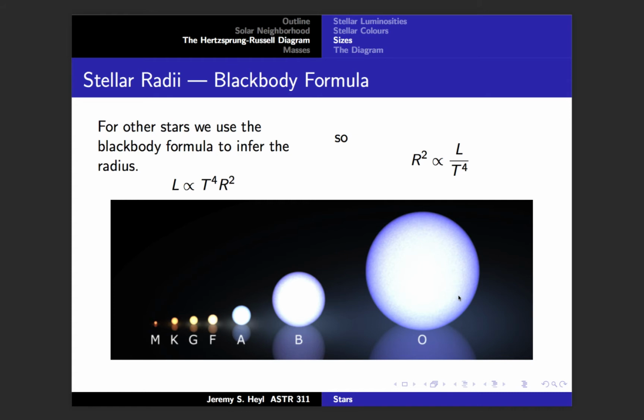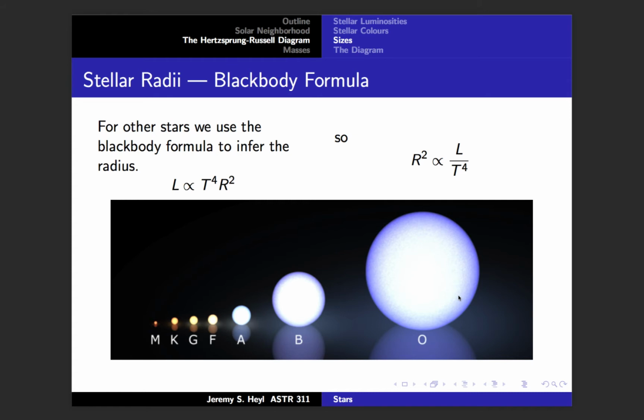So here's showing the relative sizes of the different stars as a function of spectral type for the time when they're consuming hydrogen in their middle, and that's called the main sequence, and we'll see that on the Hertzsprung-Russell diagram in a minute. Brighter or bluer stars are typically bigger.